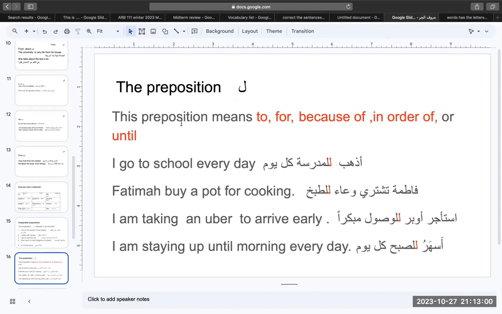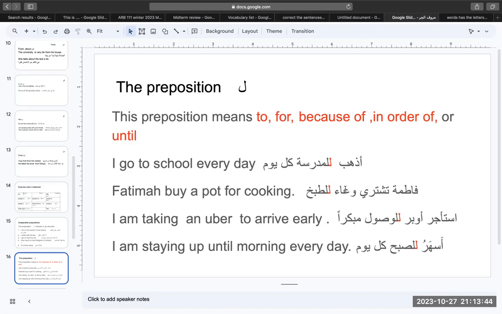Now the lam. I'm telling you this preposition means to, for, because of, in order to, or until. So because of, if it's attached to alif nun, لأن. So let's look at the examples. أذهب للمدرسة كل يوم. I go to school every day. So here in the meaning of to. Fatima buys a pot for cooking. فاطمة تشتري وعاء للطبخ. للطبخ.